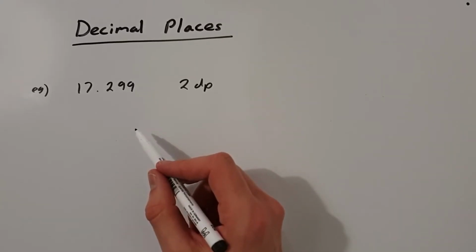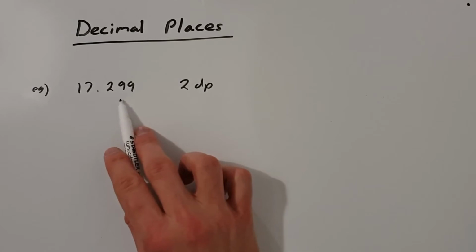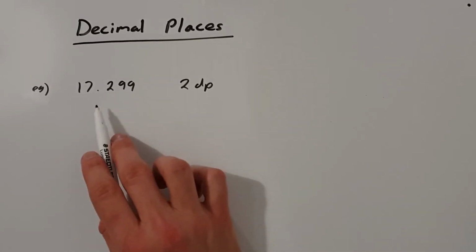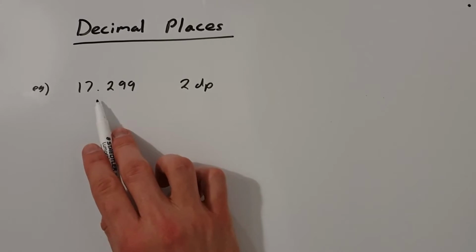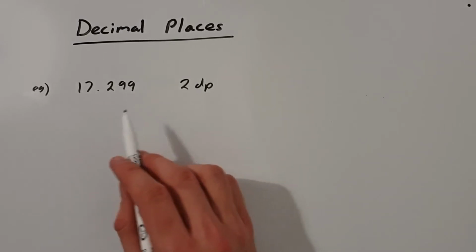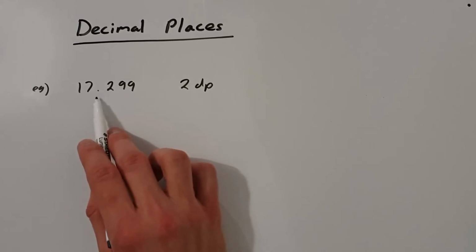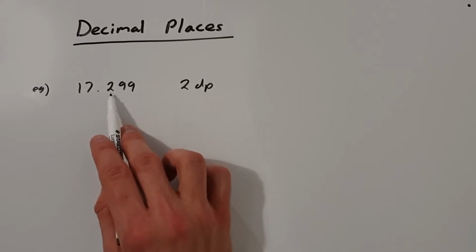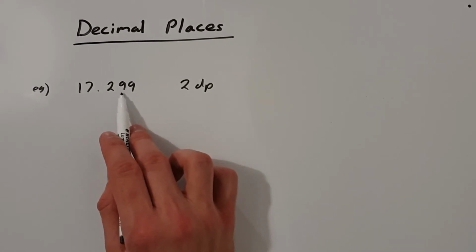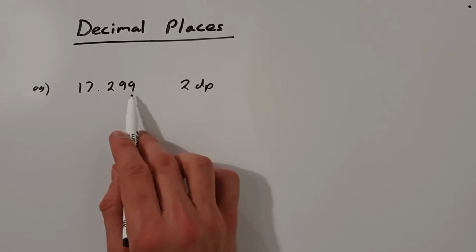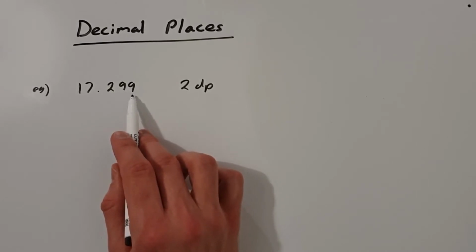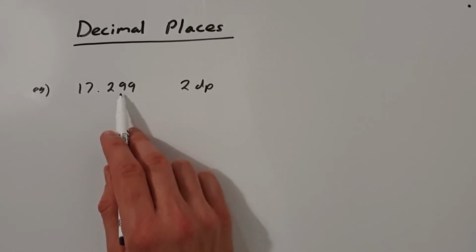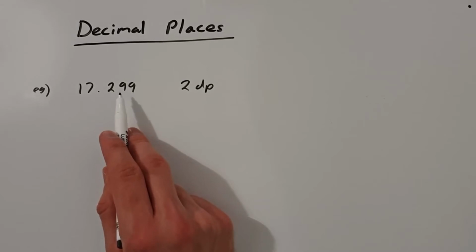A slightly trickier example would be one which has lots of 9s in it like this, and this one again asks for 2 decimal places. So we have 17.299. You want 2 numbers after the decimal point, so we keep the 17 and keep 2 numbers, so we have 17.2. This is the number we need to decide whether to round up or down, and the next number is our decider. In this case we have a 9, which is obviously bigger than 5, so we want to round this up. But we can't round 9 up because the number after 9 is 10.